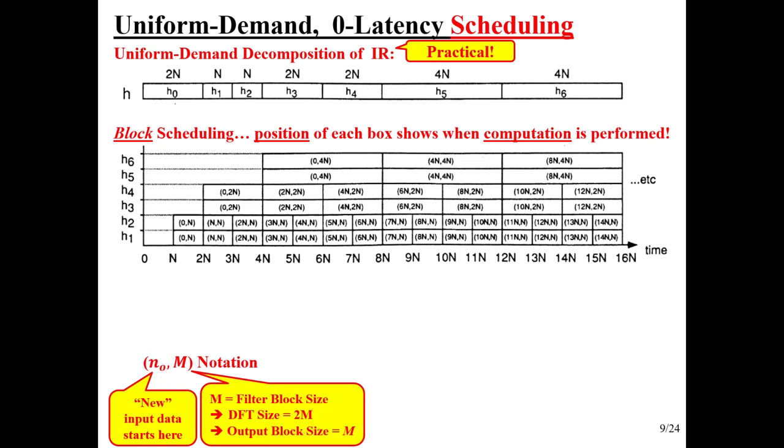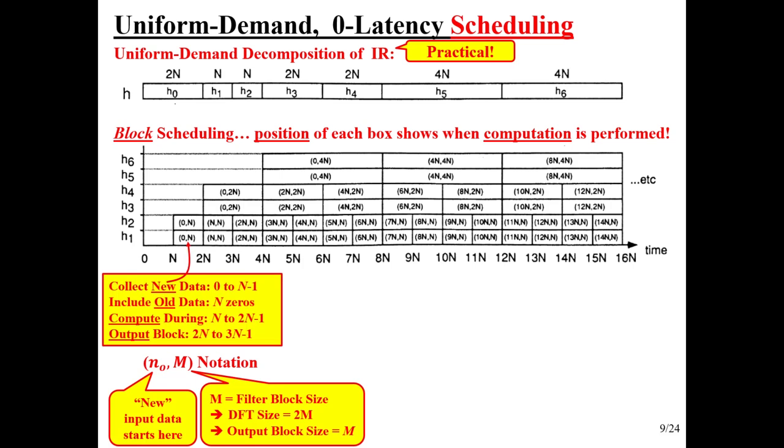And then if we do a 2m size DFT for an m size filter block, we know that we throw half of that away. So the output block size will be m. The only thing left is to figure out where to put that output block. We can deduce that from the structure and knowledge of where these streams start.